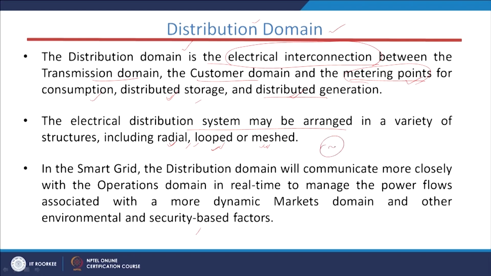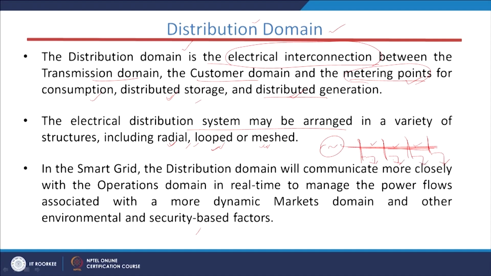If this is my source and these are the buses where I have loads, these are the feeders, this is feeder 1, 2, 3, and these are the line sections. This is bus 1, bus 2, bus 3, bus 4, this is line 1, line 2, line 3, and these are load 1, load 2, load 3, load 4.